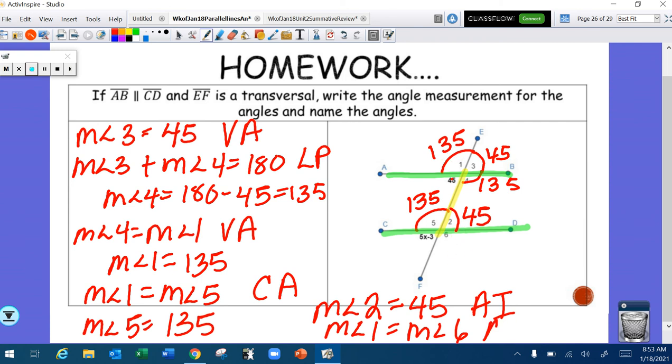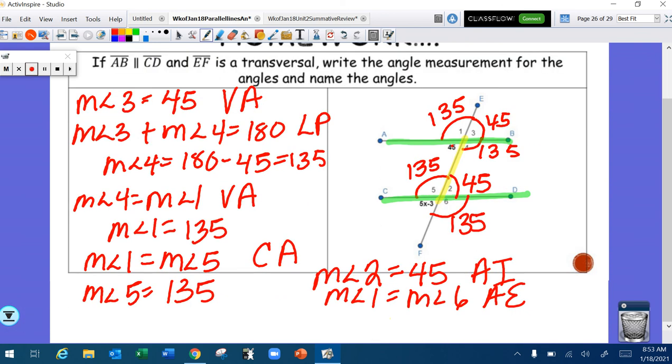So those are called alternate exterior angles. So that means the measure of angle 6 down here is 135. So I want to say the measure of angle 6 equals 135.